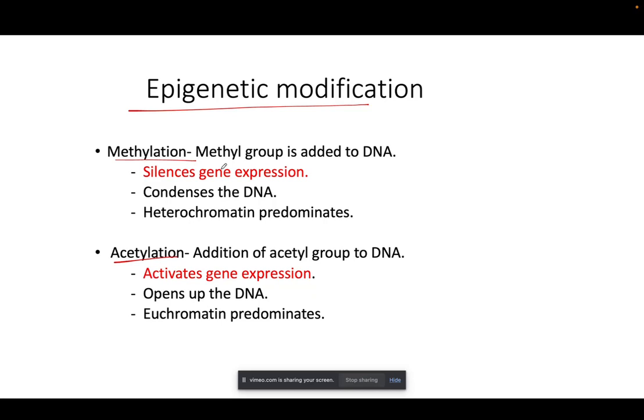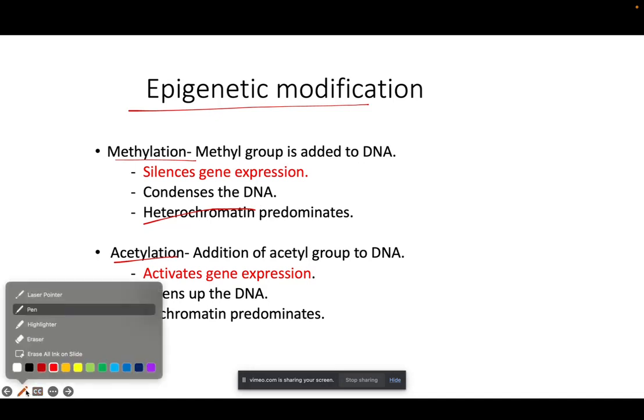Okay, and since it cannot do that job, the mRNA level will go down, which actually reduces the gene expression. So the gene cannot make the protein because there is a steric hindrance for this transcriptional enzyme to access the DNA.